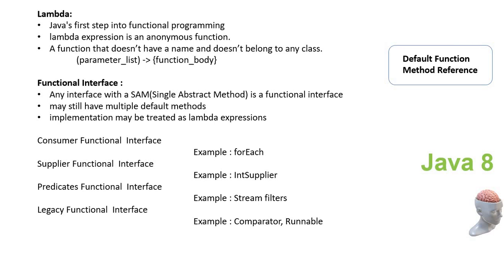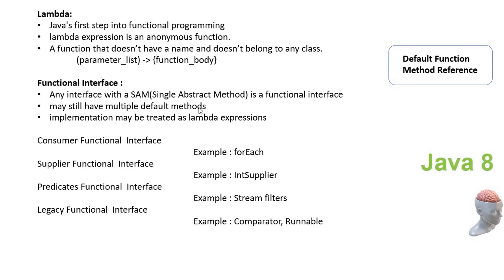We can use an annotation called @FunctionalInterface on top of the interface to make sure the compiler validates this interface as a functional interface. The compiler will check the rule that the interface has only one abstract method, otherwise it will throw an error. That is the definition of a functional interface.